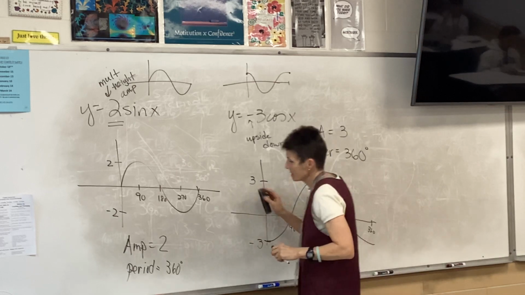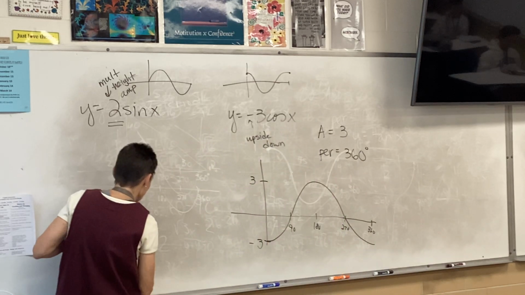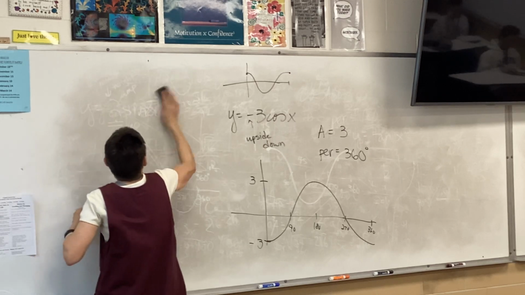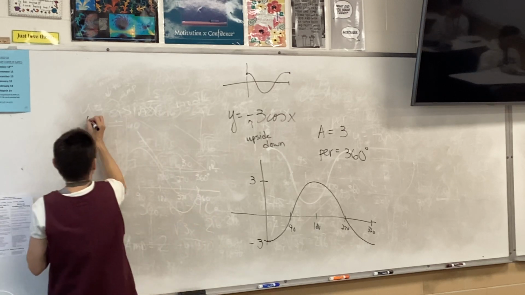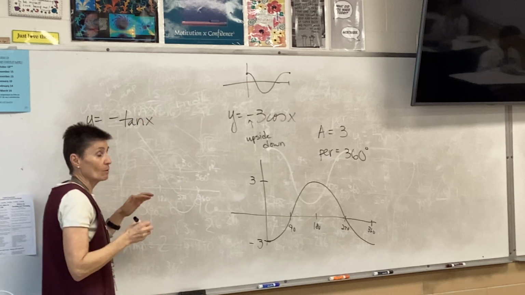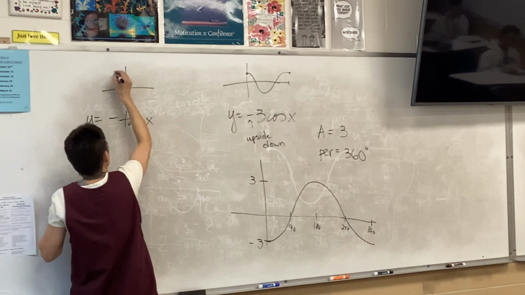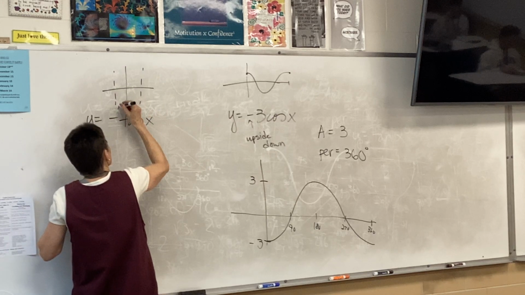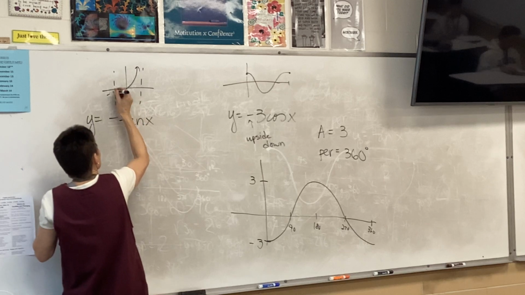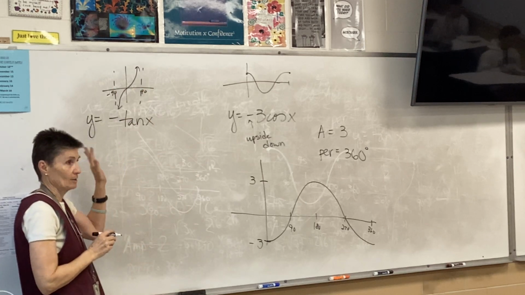Okay, now we're going to do negative tangent. Okay, so again, there's a lot of junk floating around my mind, so before I even start, I like to just give myself a little refresher. This is my regular tangent curve. That's my regular tangent.